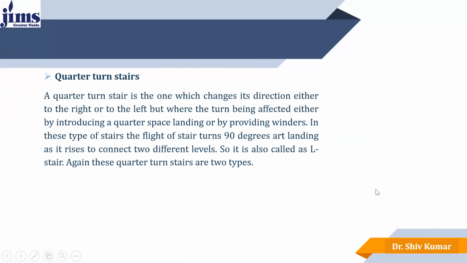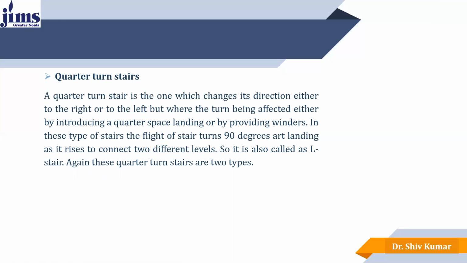Let's discuss the quarter turn stairs. A quarter turn stair is one which changes its direction either to right or to left, with the turn being effected either by introducing a quarter space landing or by providing winders.